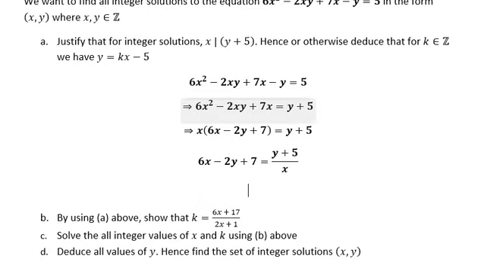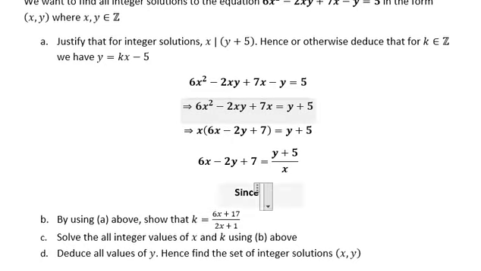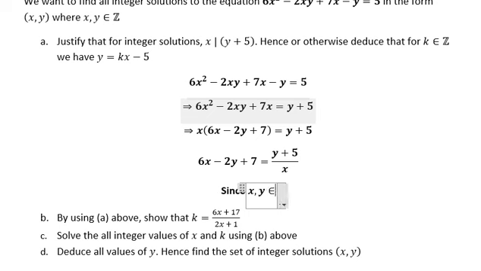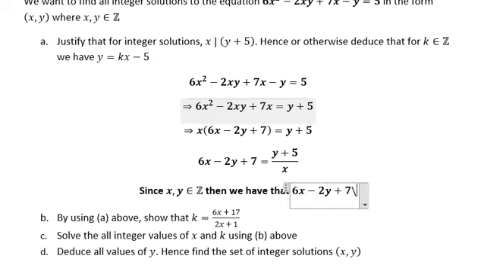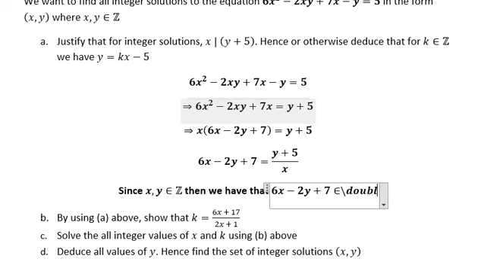Since we know from the equation that x and y are integers, then clearly 6x minus 2y plus 7 will also be an integer.